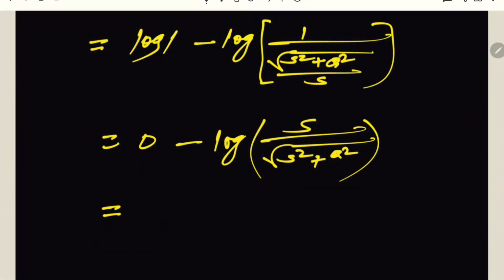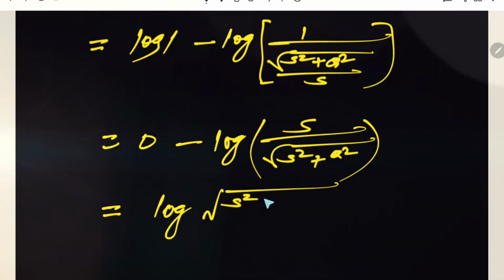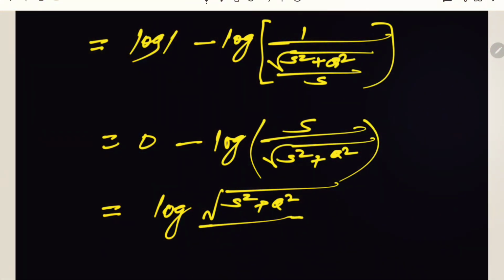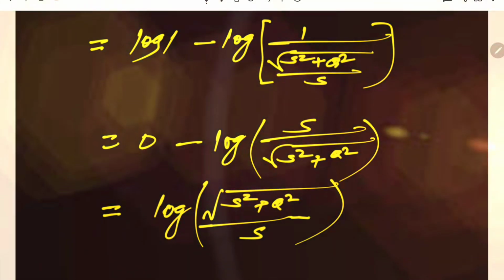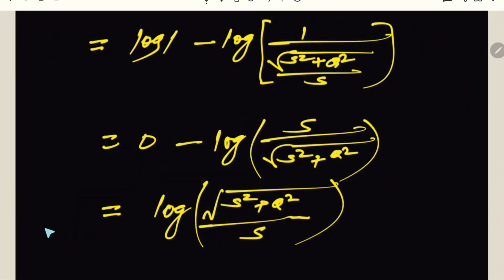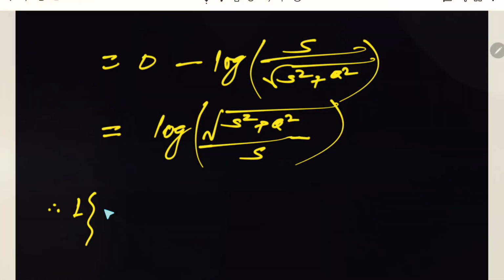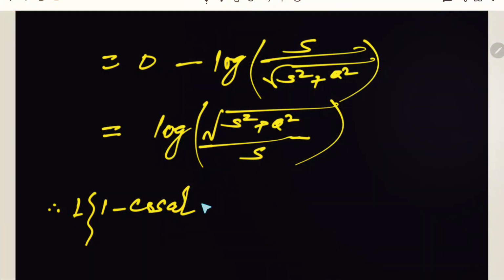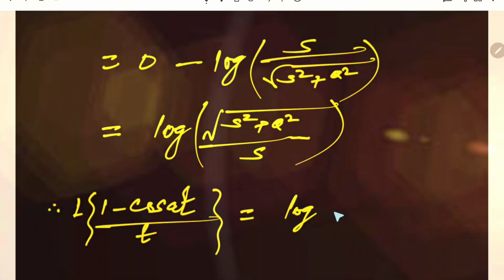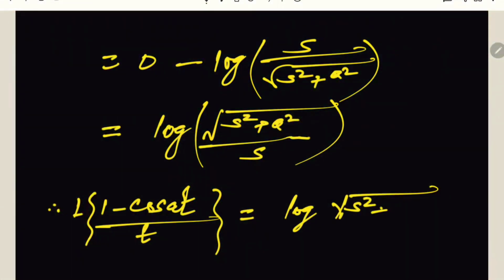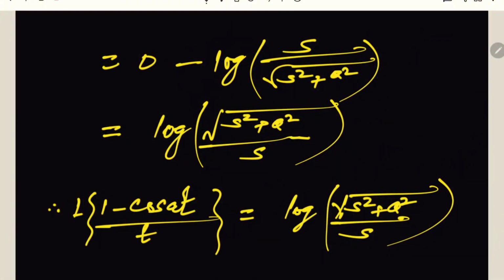Multiplying by minus inside the bracket, we get log of square root of s square plus a square divided by s. Terms are interchanged. This is the required Laplace transform of 1 minus cos at divided by t. Therefore, Laplace of 1 minus cos at by t is log of square root of s square plus a square divided by s. These two terms are inside the log.